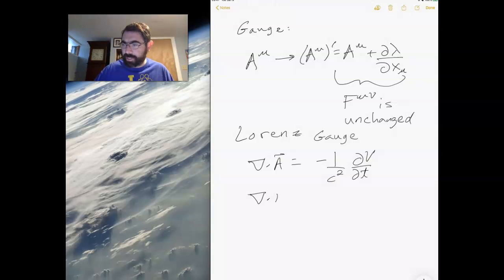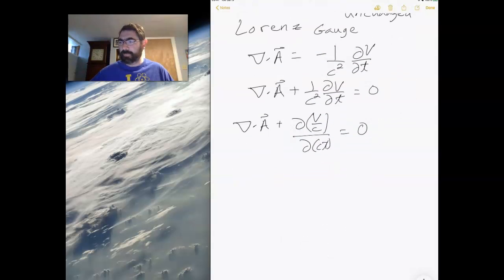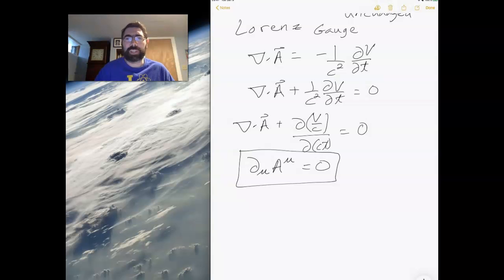Well, I would get this, and I can write this as the divergence of the 4-vector right here.